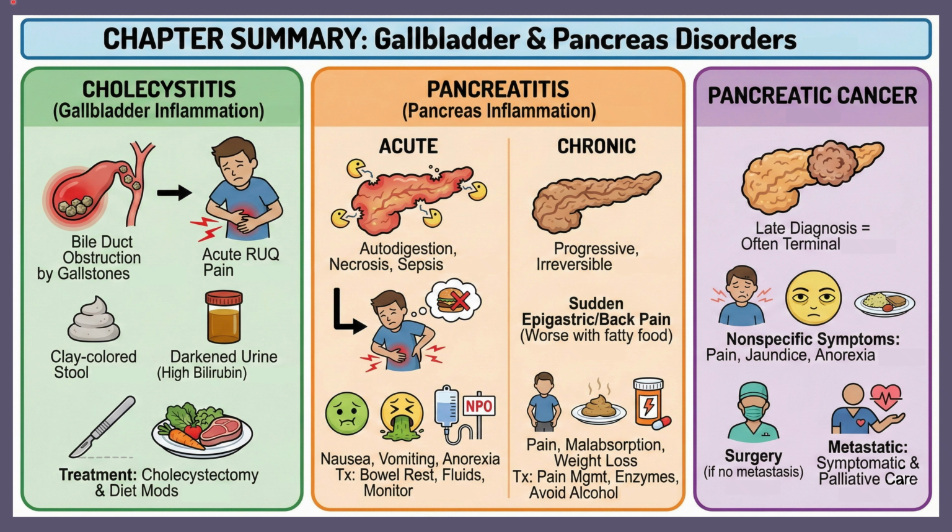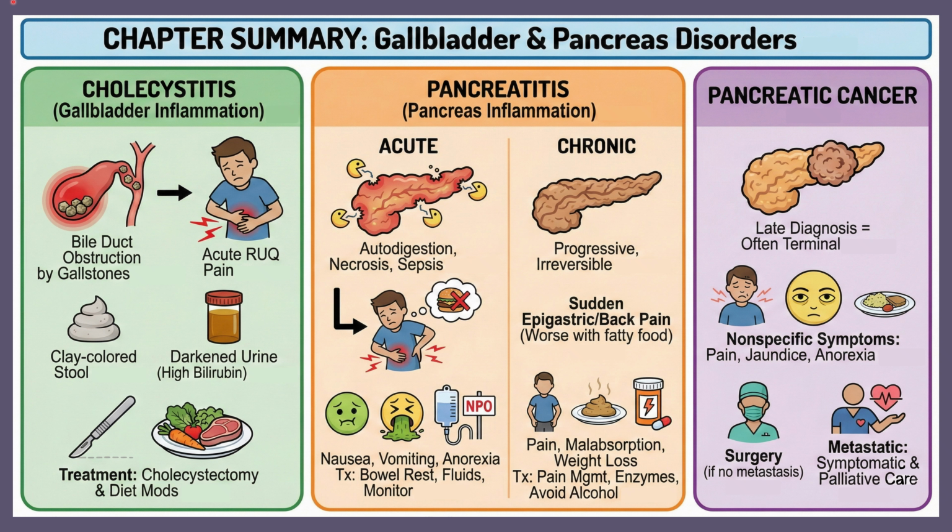The prognostic significance of physiological findings like Cullen's and Grey Turner signs further emphasizes the need for astute clinical judgment in identifying severe life-threatening complications.